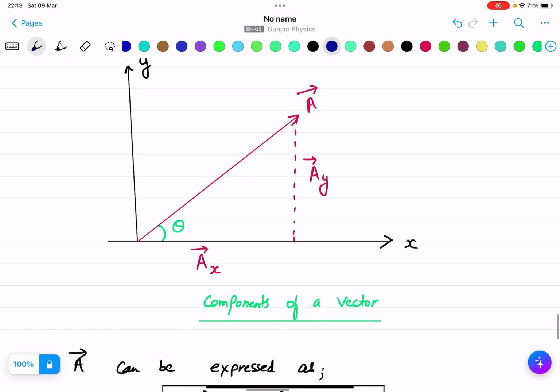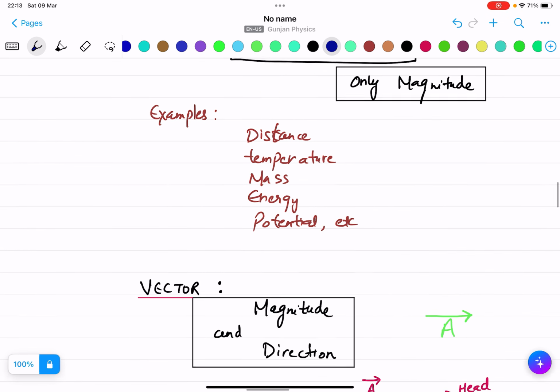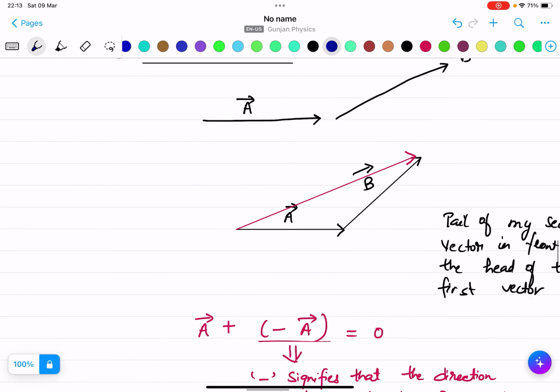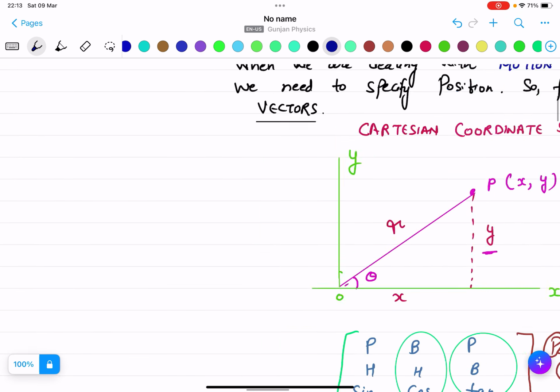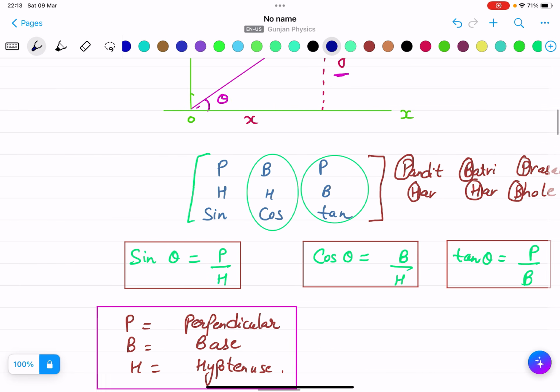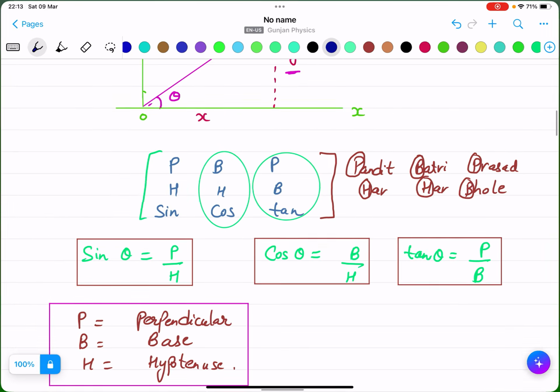So from this figure, we know what is cos theta. I've explained these formulas: cos theta equals to base upon hypotenuse and sin theta equals to perpendicular upon hypotenuse.